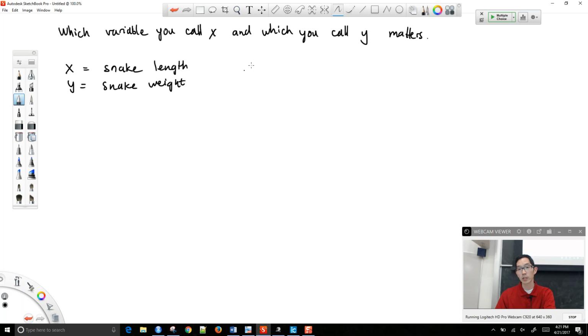In this scenario we use the length to make a prediction for y.